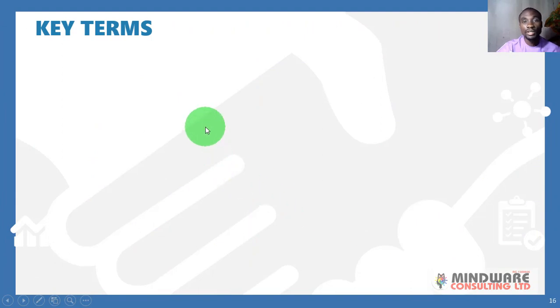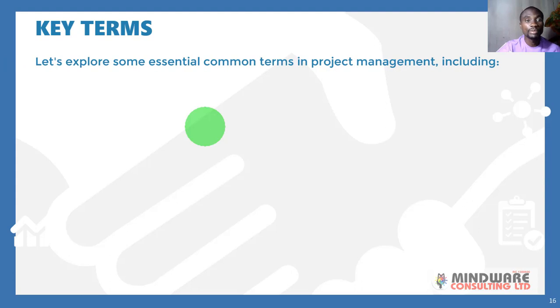Now what are the key terms when we talk about having a common vocabulary? So let's explore some essential terms in project management. The first one is the project. Then we have project management.